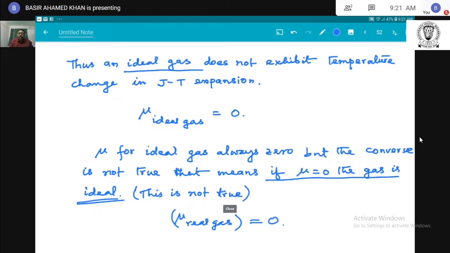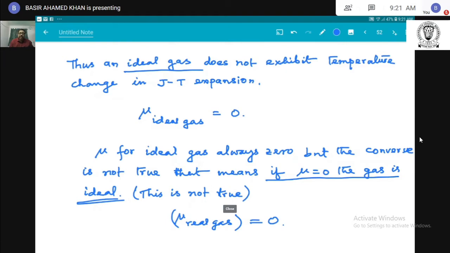Then there will be no change of temperature after JT expansion. So we cannot say that mu equal to 0 indicates that the gas is ideal.